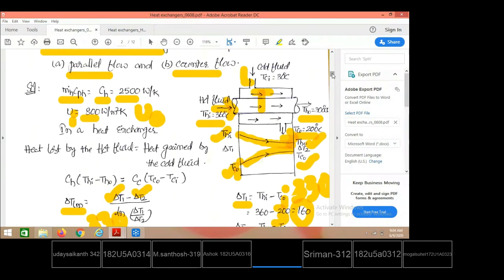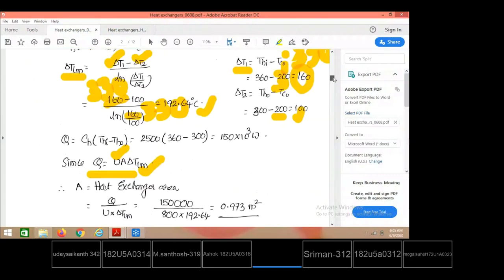Whether it is based on the inner surface or outer surface depends on where we allow the hot fluid. The hot fluid is allowed to flow through the innermost surface, so this is the overall heat transfer coefficient based on the inner surface.